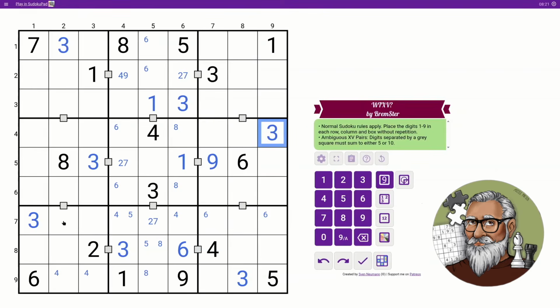Is it worth looking at these? Could be. Not sure, but it could be. Let's see if we can pencil mark them, and if that makes sense or not. If this adds up to 5, it can't be 3, 2, because this one can't be 3 or 2.